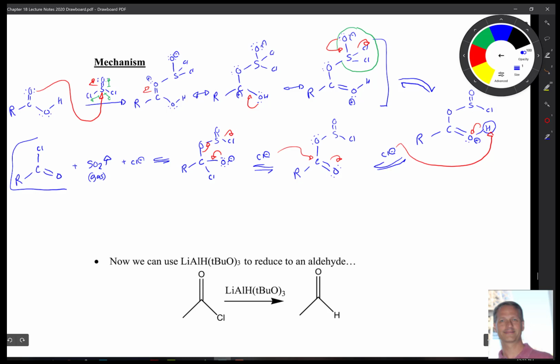So this reaction is another reaction that we're going to see a lot throughout the rest of the semester, because these are very reactive and they're very useful for multi-step synthesis. So as far as multi-step goes, kind of the pattern that you're going to see here is you're going to have SOCl2 with a carboxylic acid, and then if we wanted to take that a step further, we could have this primary alcohol with Jones.